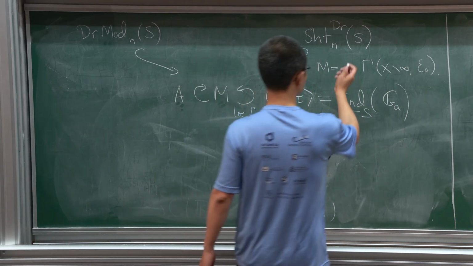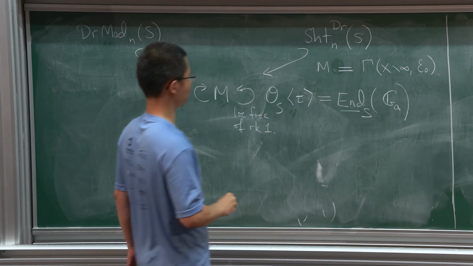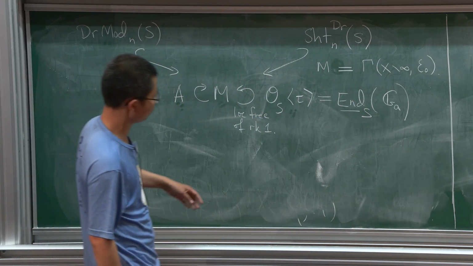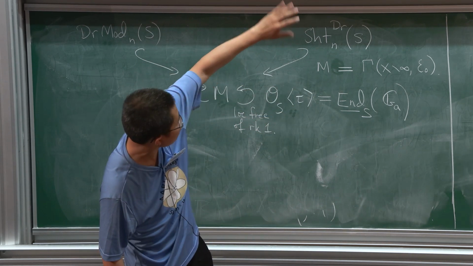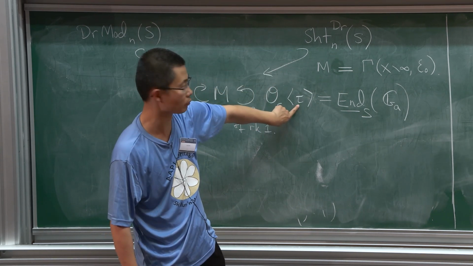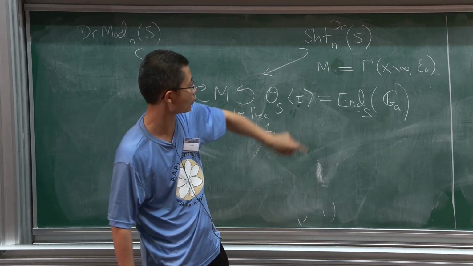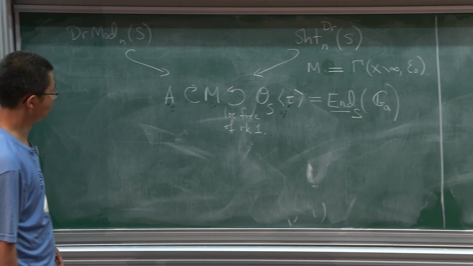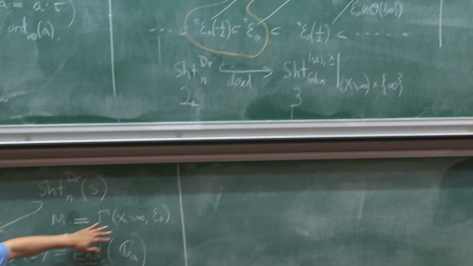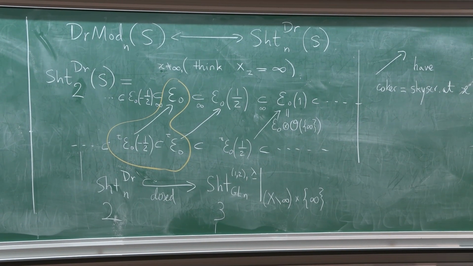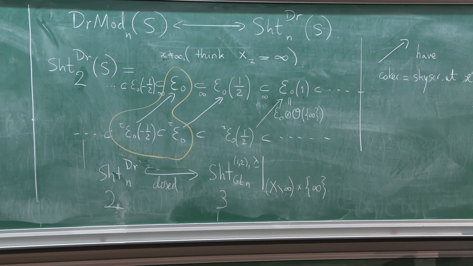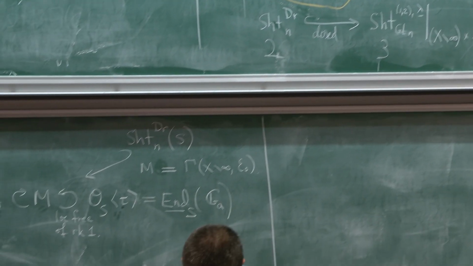So that's some O_S module. And you need to use the Shtuka structure to equip it with some Frobenius twisted linear endomorphism. Okay, it's obviously an A module, but yeah. So I think that is a brief explanation.